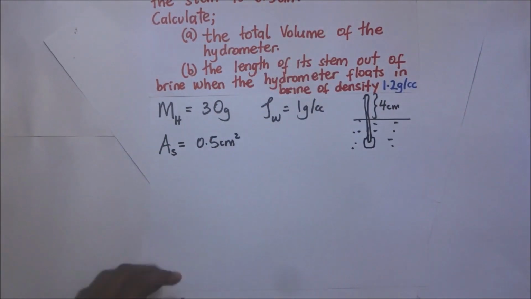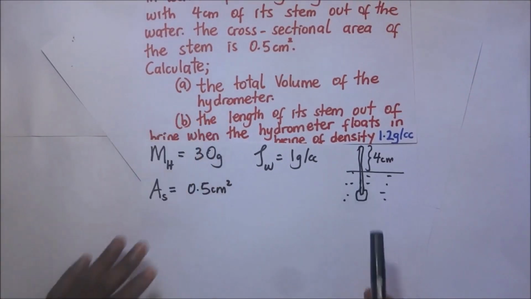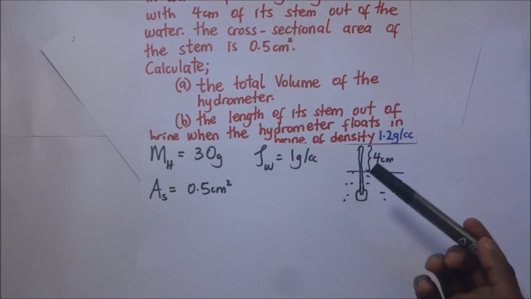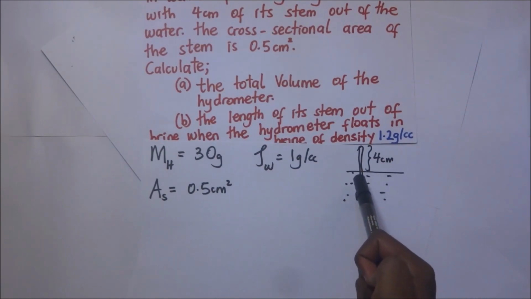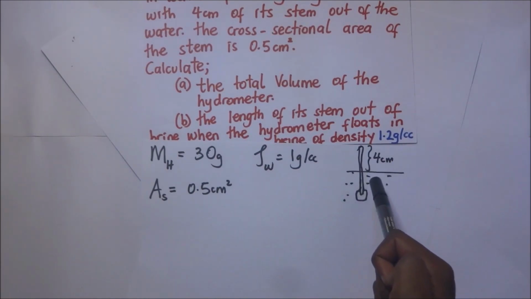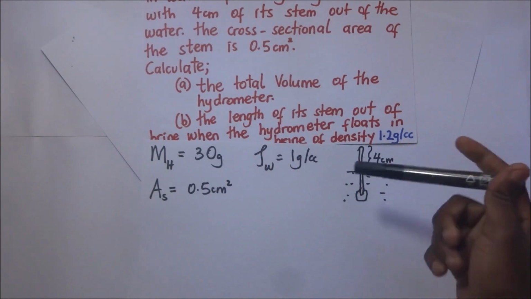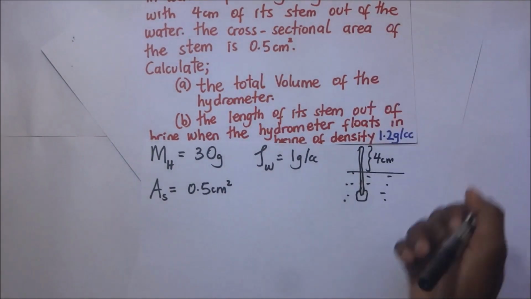Now we all know that when we're dealing with a hydrometer such as this, it operates on the principle of buoyancy, or the principle of flotation. The law of flotation states that a floating body will only displace its own weight of fluid. And so this hydrometer works on that principle, that when you drop it in water, it's going to float.